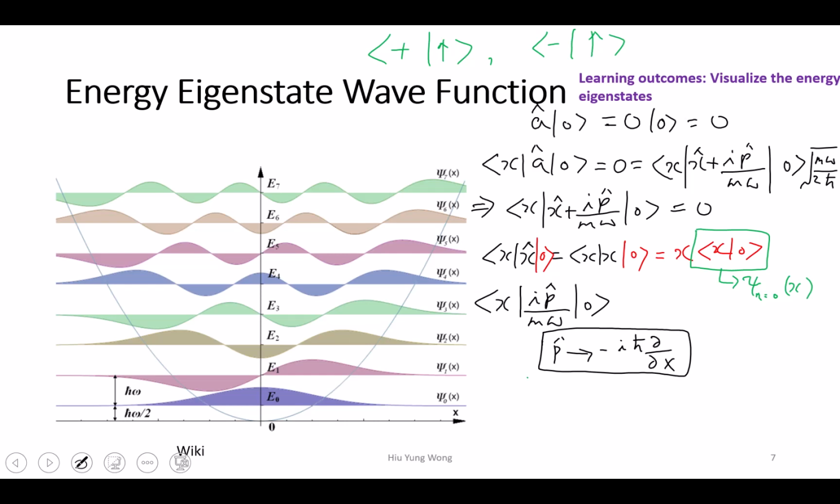Because you have i, negative i times i becomes plus, correct? So this one becomes x 0, which is a number, and replace it by h bar partial x.